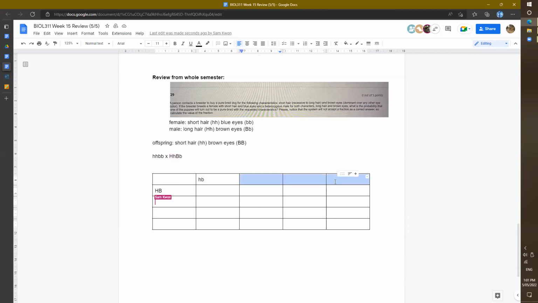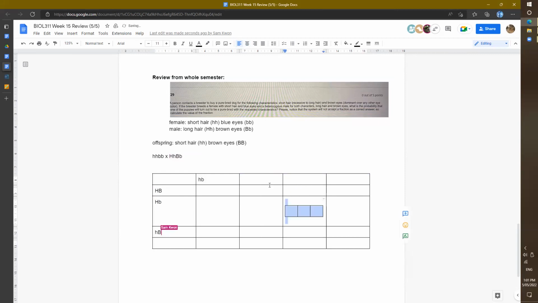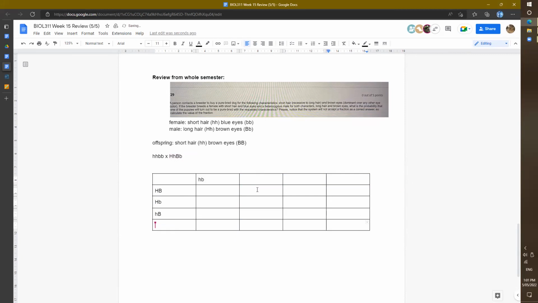And so when you do that, you should get HB, HB, HB, and HB. And then you just carry out your cross and you should get, what do you get?